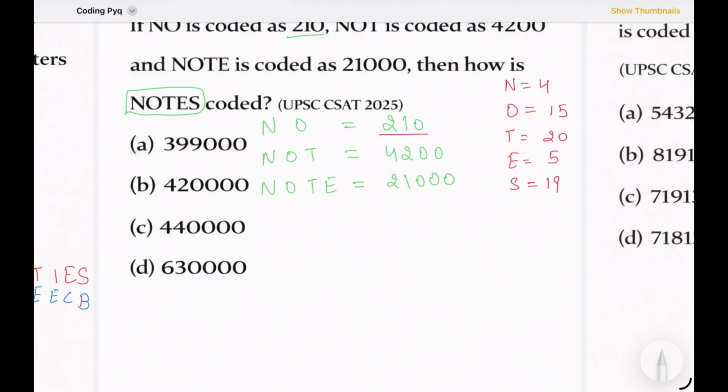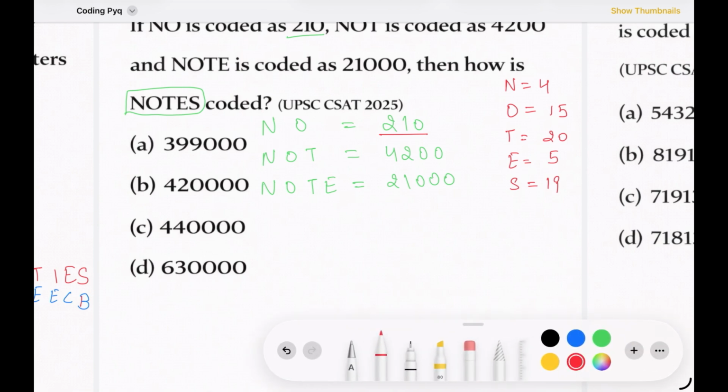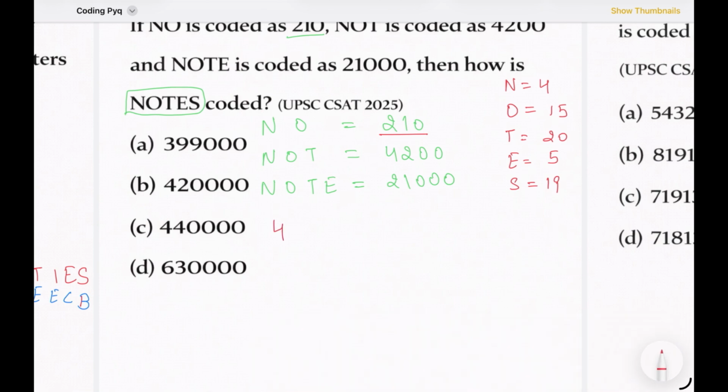Now let's decode the pattern used in the question. N is on 14 and O is on 15. If we multiply 14 by 15, we get 210. Next, for "not," N is on 14, O is on 15, and T is on 20.